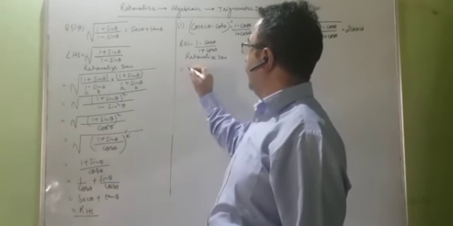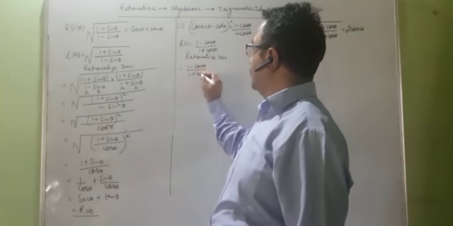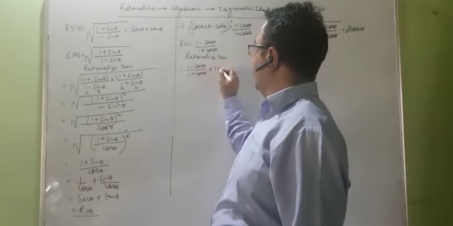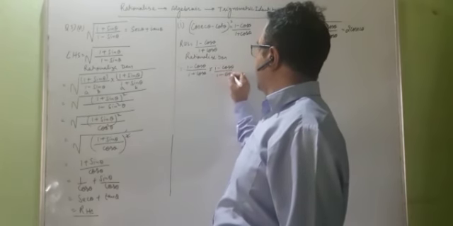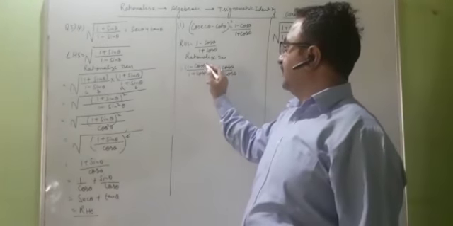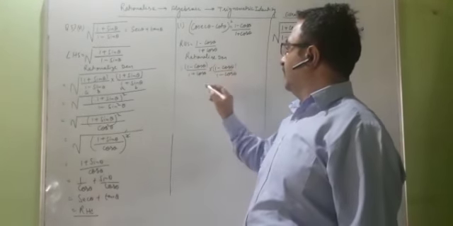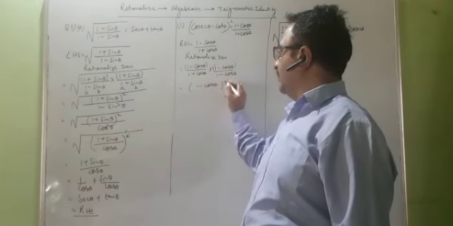So 1 minus cos theta upon 1 plus cos theta into 1 minus cos theta upon 1 minus cos theta. Now look at the numerator. The brackets are same, so you will get 1 minus cos theta whole square.